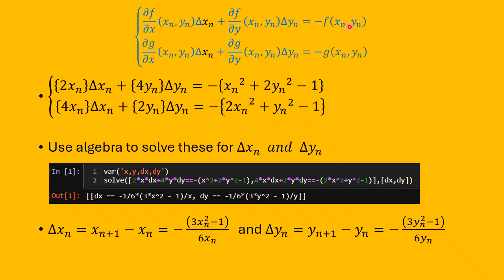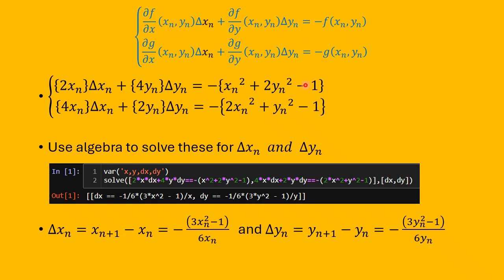So f of these numbers, remember, was x squared plus 2y squared minus 1. And g of these numbers is 2x sub n squared plus y sub n squared minus 1. So if we look at this, the partial of f with respect to x, well, let's see, f is right here.